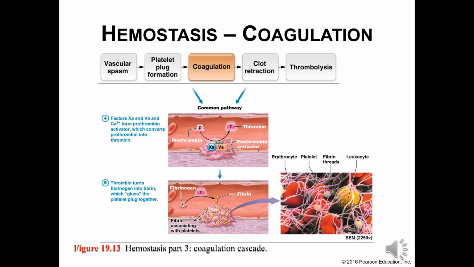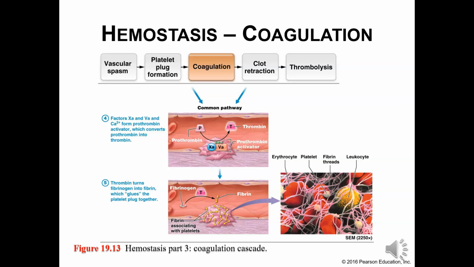And thrombin in turn then converts fibrinogen into fibrin. Fibrin becomes associated with the platelets, and that forms the thread-like protein that molecularly glues everything together.